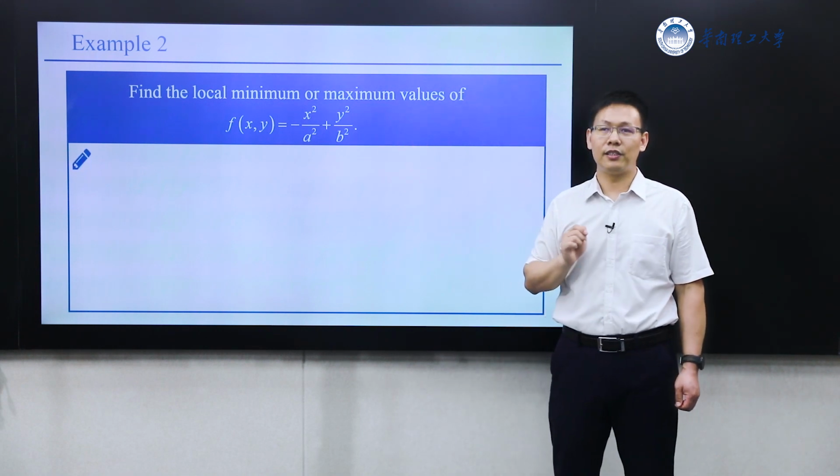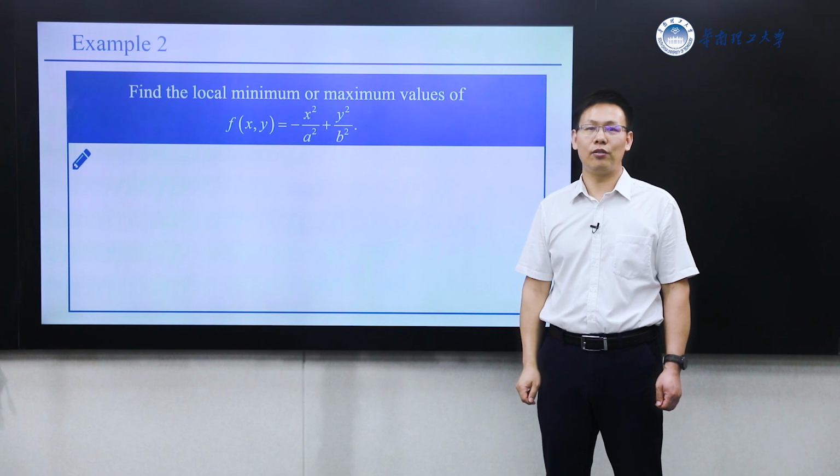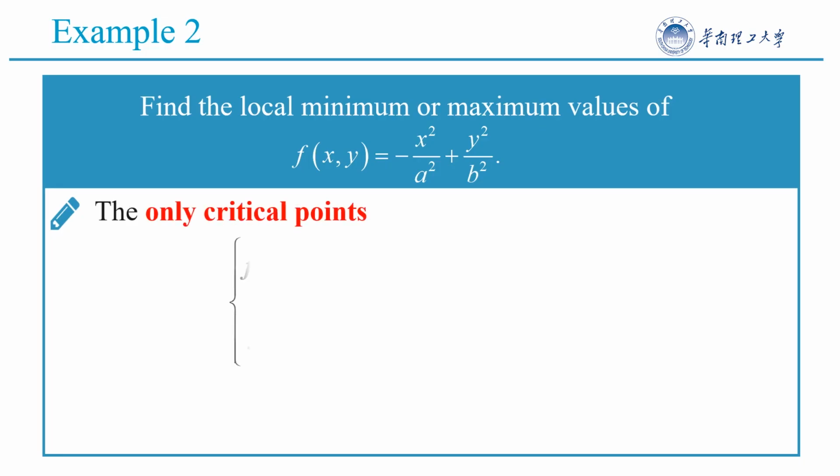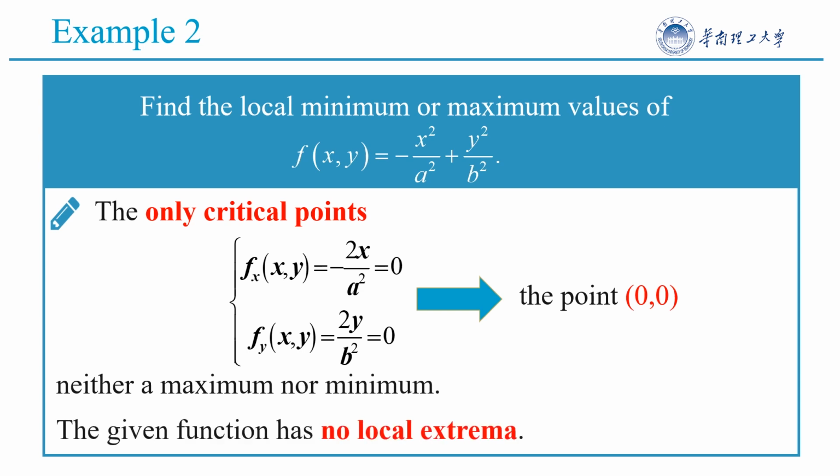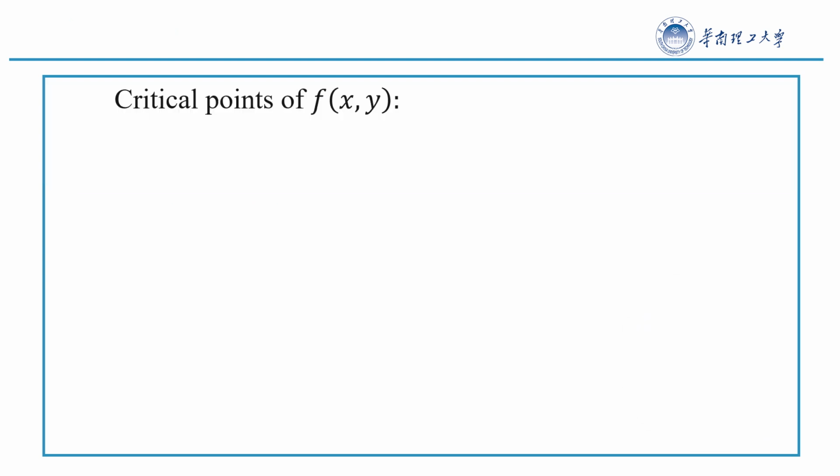Solution. Since the function has no singular points, and the only stationary point is the point (0, 0), it is neither a maximum nor minimum point. So the given function has no local extrema.